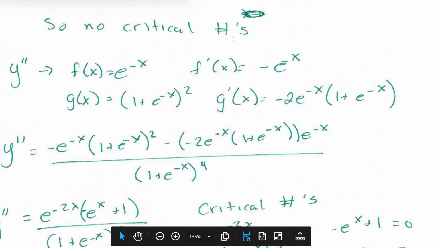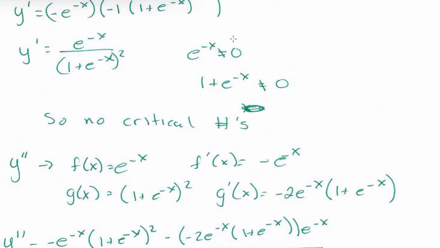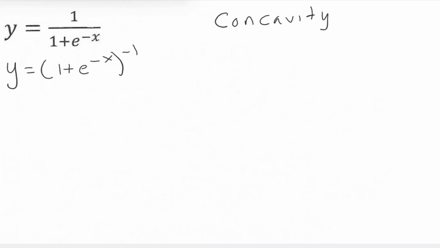I think I did the quotient rule in the second part of it. So this one, the derivative of the inside: the 1's going to disappear, and it's going to become negative e to the negative x.